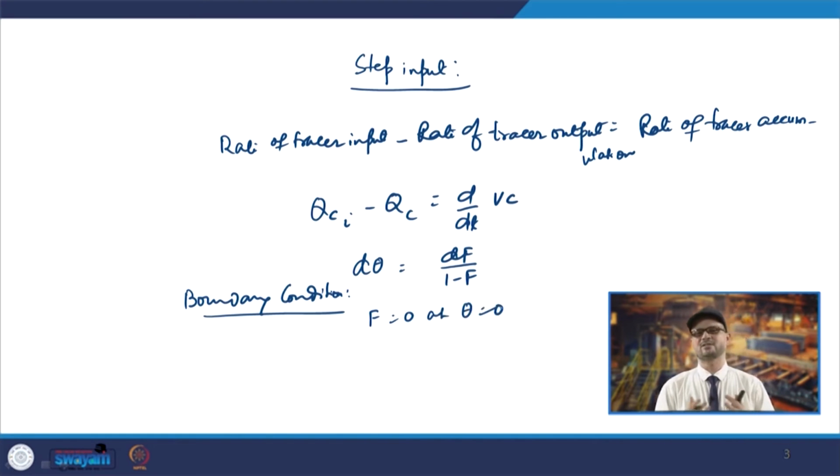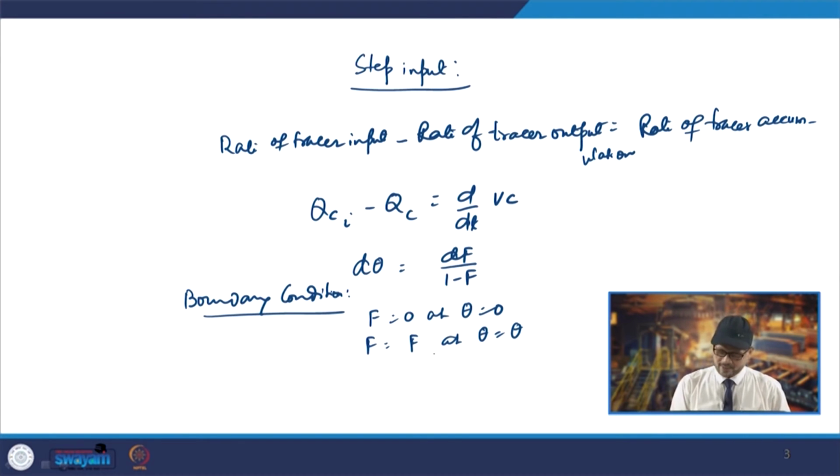At time 0, your f becomes 0 obviously, then your f becomes f at theta equal to theta. So, by integration you get f equal to 1 minus e raised to the power minus theta. This curve which you get will be giving you the f curve for the well mixed flow.